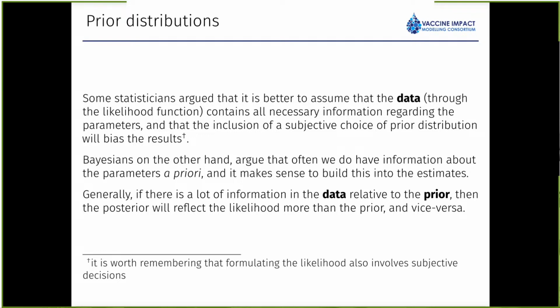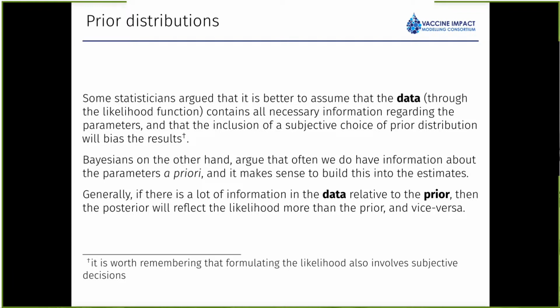Now, I want to digress a little bit about prior distributions because, historically, I speak to a lot of statisticians who are not Bayesians, and they basically say, well, I don't need to use Bayesian statistics because I don't have a prior, right? My first argument to you is that there are lots of reasons to use a Bayesian approach. So if you really don't have a prior distribution, then that's fine as well, because you can just make your prior distribution flat.